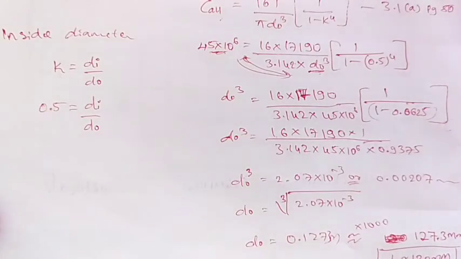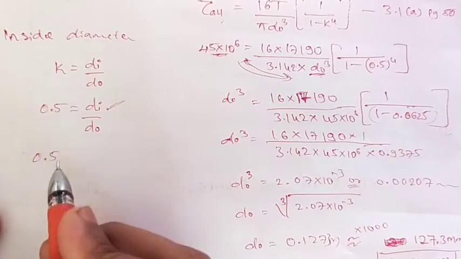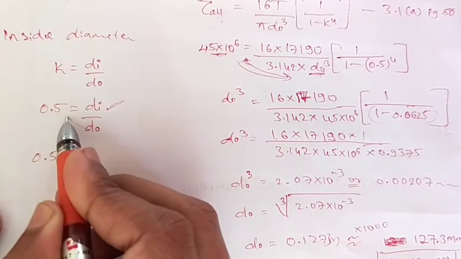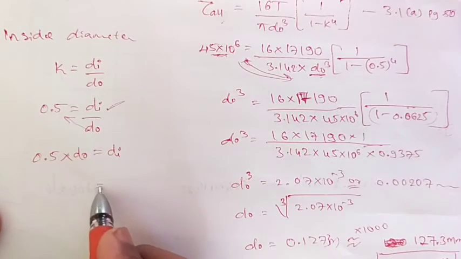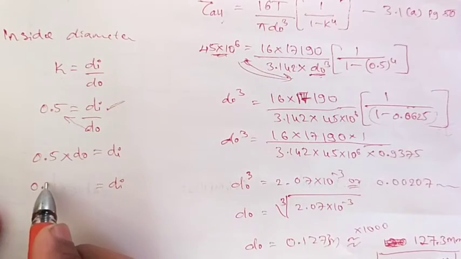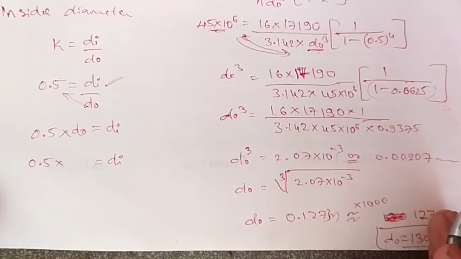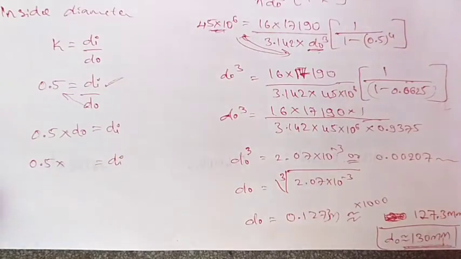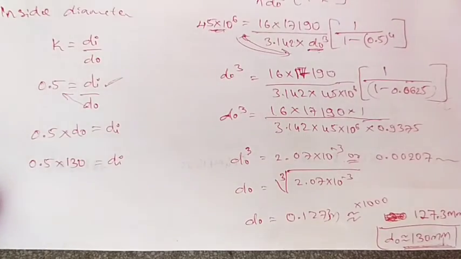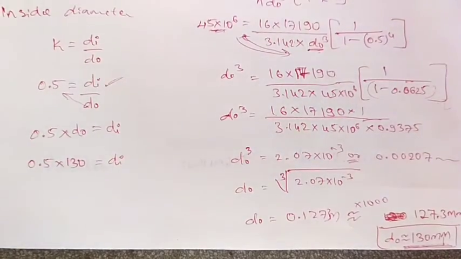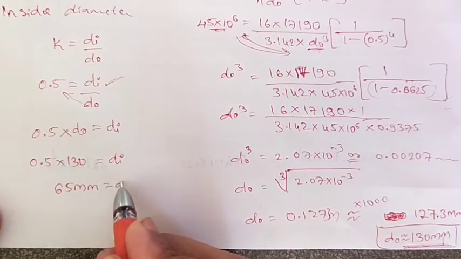Now I want di, so when you shift this, d naught goes here: di is equal to 0.5 times d naught. We have found d naught is equal to 130. So when you multiply 130 into 0.5, we will get 65 mm. This is the di value.